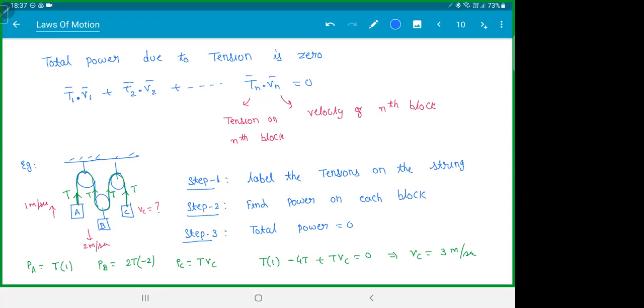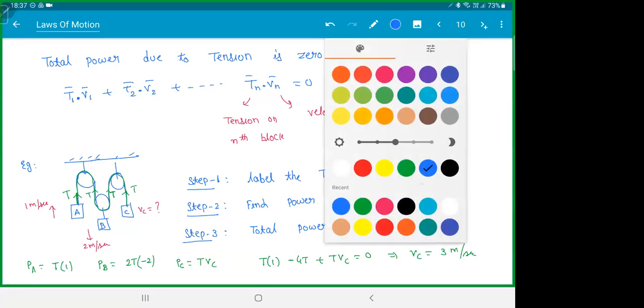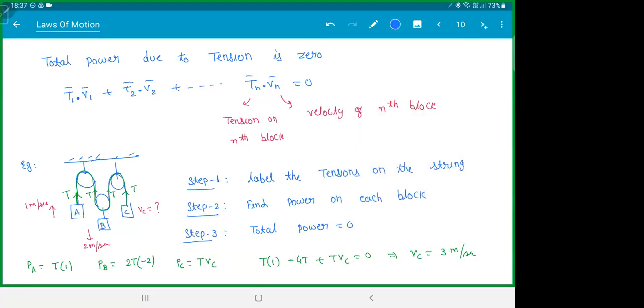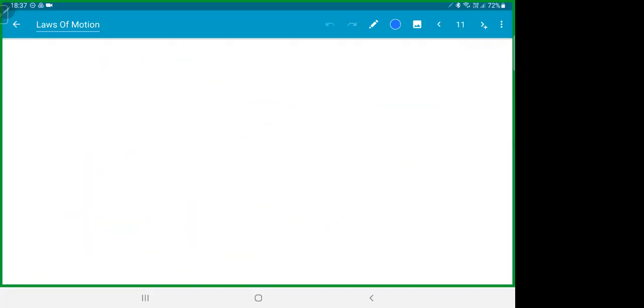Let me take the second example, the second example which we did.